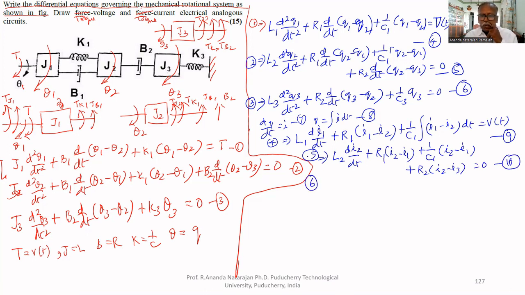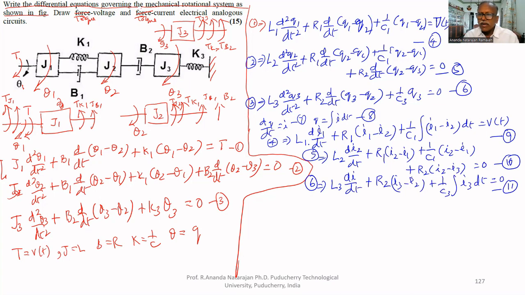Similarly, if you substitute dq by dt equal to i in the sixth equation, it becomes L3 di3 by dt plus R2 times i3 minus i2 plus 1 by C3 integral of i3 dt equal to 0. This is the 11th equation.